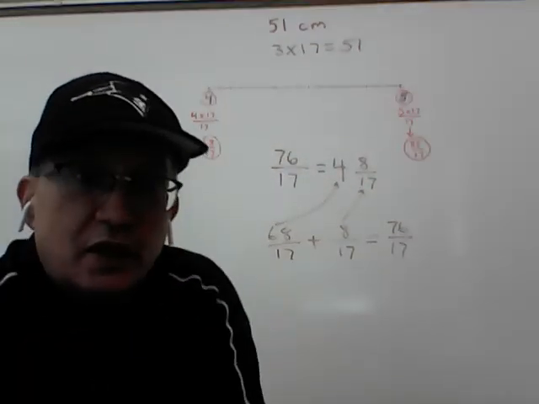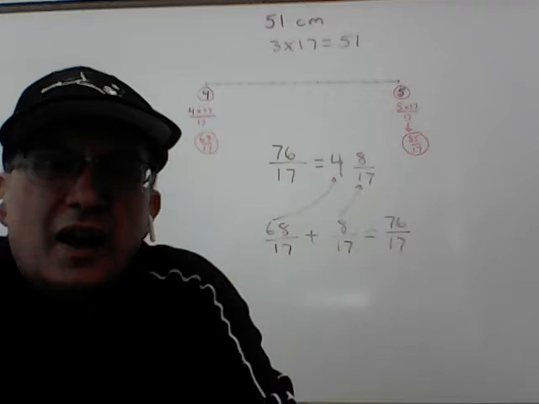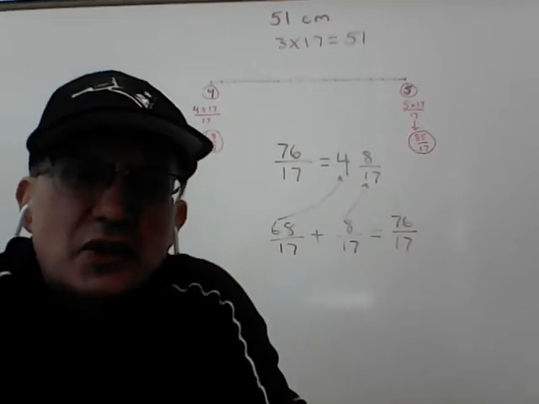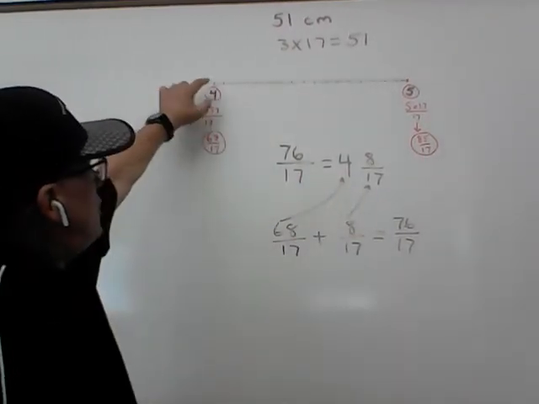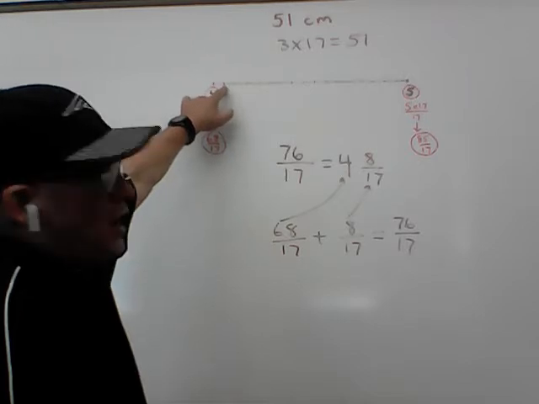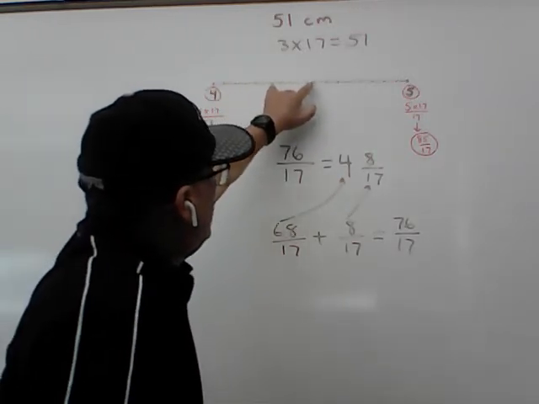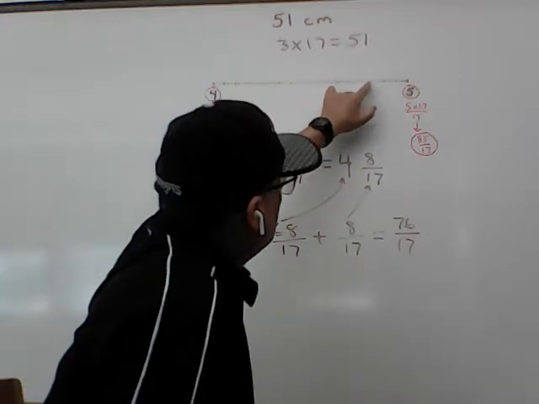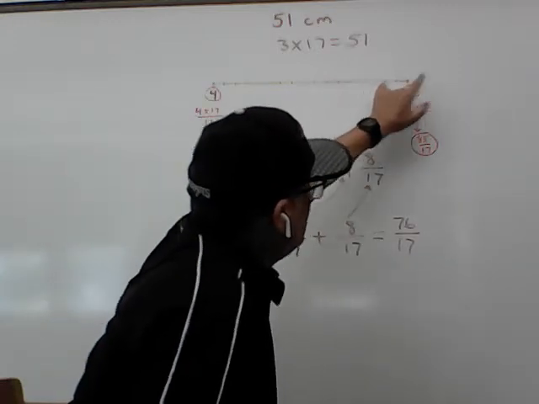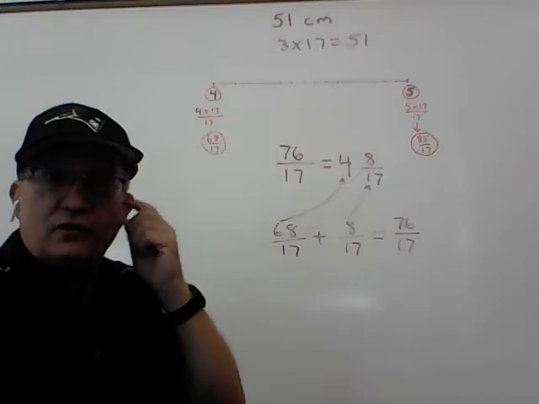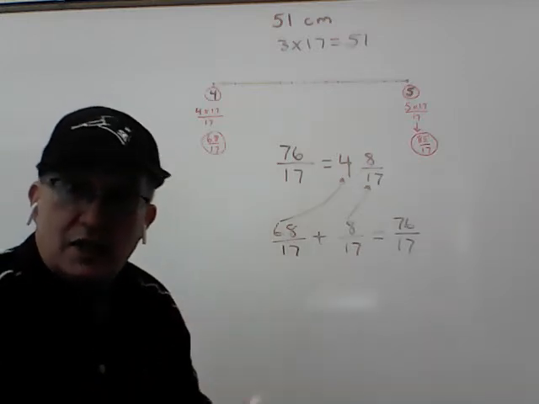I think you can see them well enough. Yeah, I can see it on the screen here. So if I start at 4 and then count 1, 2, 3, 4, 5, 6, 7, 8, 9, 10, 11, 12, 13, 14, 15, 16, 17, I land on the 5. It's a 17th number line.